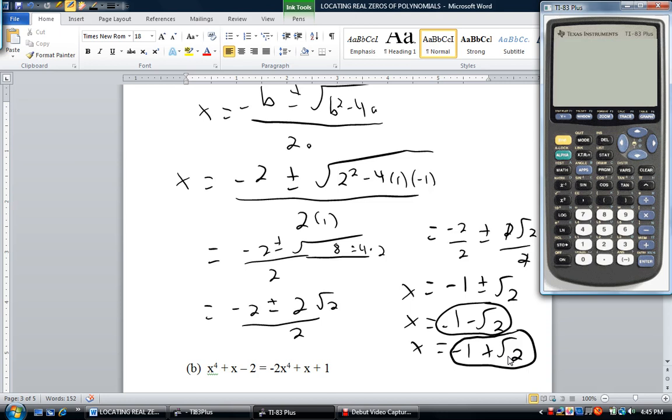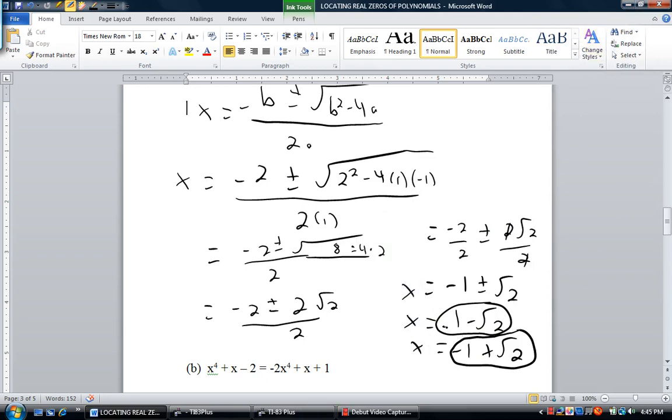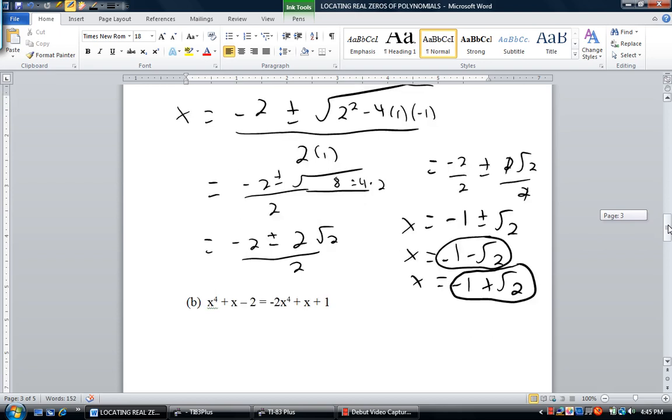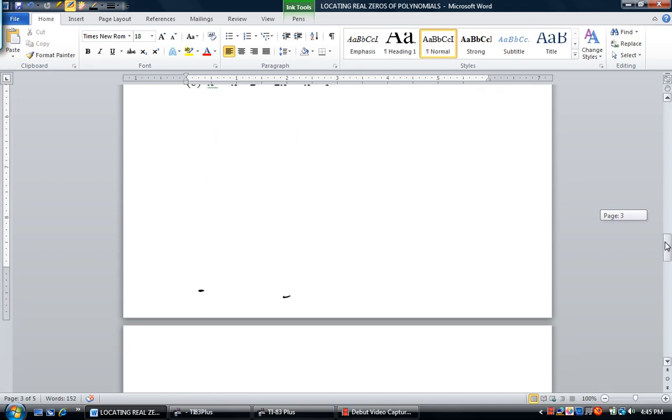So when I type in -1 plus square root of 2, I get my 0.414. See that? It's no longer in there, but remember we got that. So it's just a way to verify that this is actually correct. We could do the third zero the same way. But that's the process. Let's do another one.